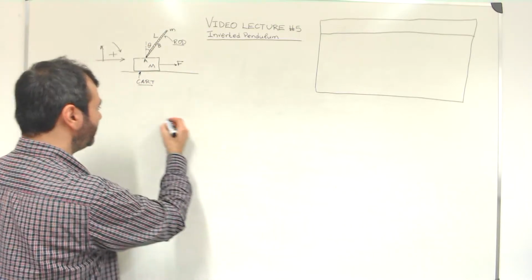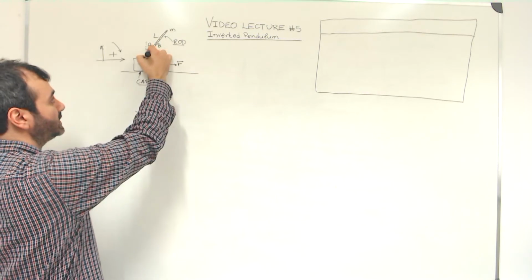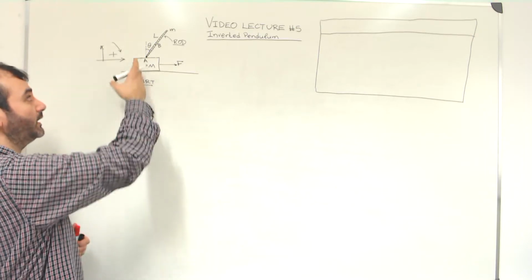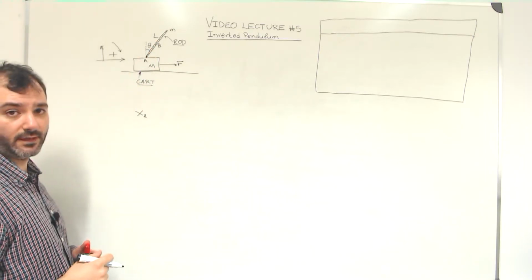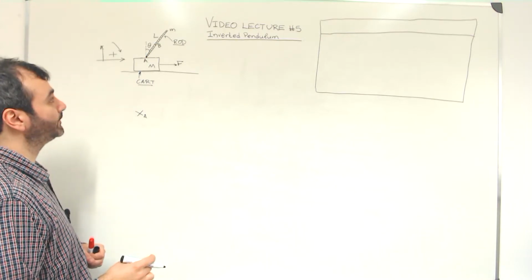So without further ado, let's discuss these points A and B. Point A is the fulcrum point, and point B is the center of mass. It is at the middle of the rod.